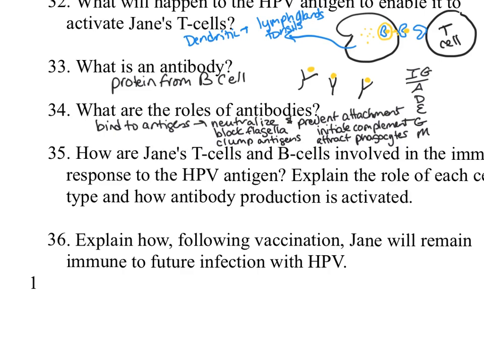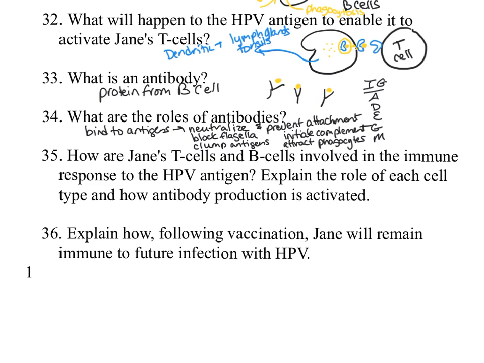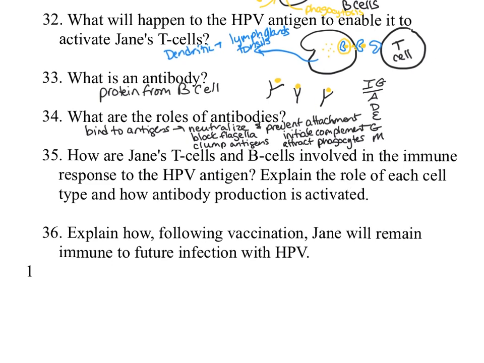Question number 35. How are Jane's T cells and B cells involved in the immune response to the HPV antigen? Explain the role of each cell type and how antibody production is activated. Well, the helper T cells recognize the HPV antigen on the MHC complex that's presented on the surface of that antigen-presenting cell. Then the helper T cells become activated. The activated helper T cells secrete cytokines, such as interleukin-2, to stimulate the T cells to proliferate and clone.